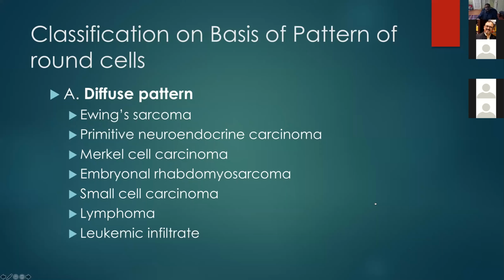So for example, you see the name Ewing sarcoma here because it has a diffuse pattern, but you also see words like Merkel cell carcinoma. Merkel cell carcinoma is a neuroendocrine carcinoma that principally arises on the skin. There are very sporadic cases reported in the oral cavity, and we have had one or two cases which we have published in the literature. And then comes lymphoma, which is also a classic diffuse blue cell malignancy, and then leukemic infiltrate.